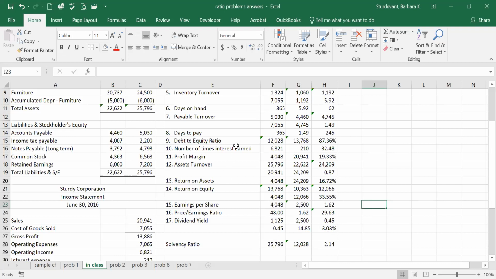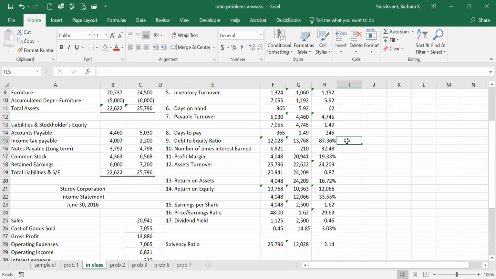The next one is your debt to equity ratio. Again, it would be nice if we had subtotals for our debt, subtotals for our equity. It's all about how the balance sheet is set up. But you can see that that's the same number. Debt on the top, equity on the bottom, which again would be just these two. And one common error, retained earnings is part of your equity. Don't forget that. And so this is a division.